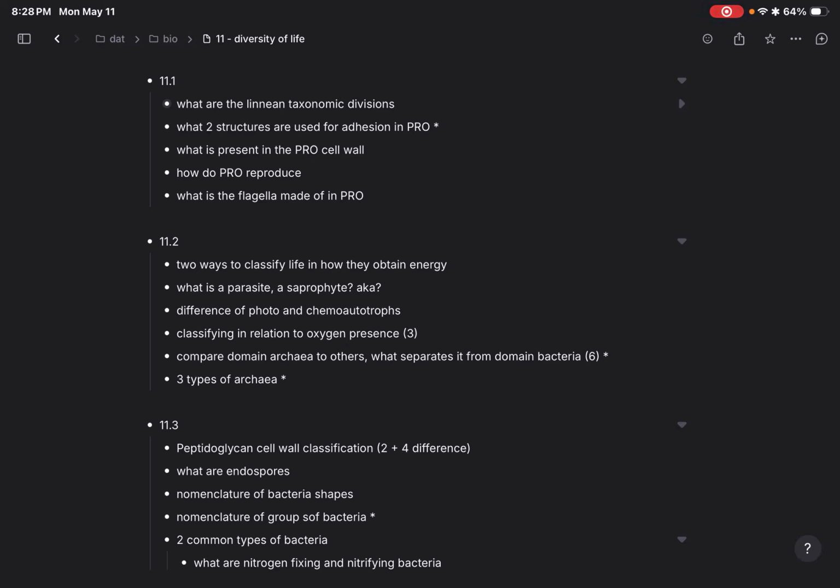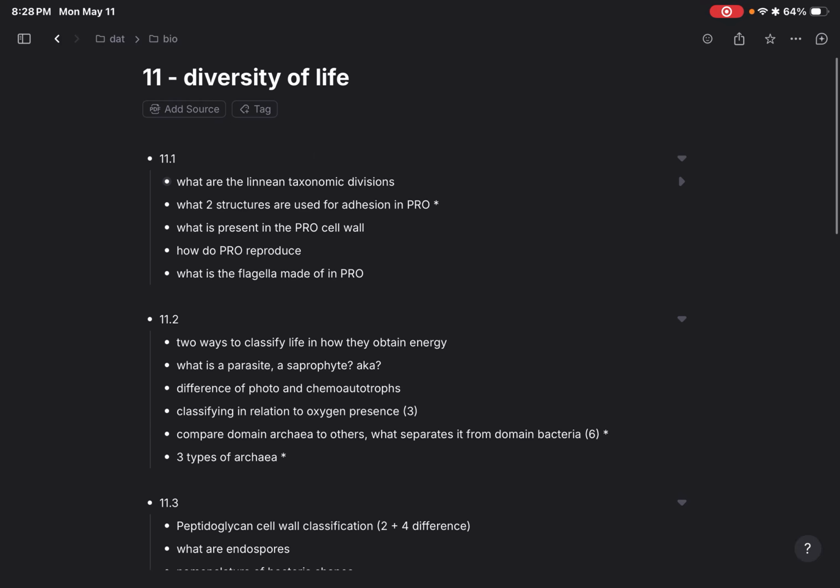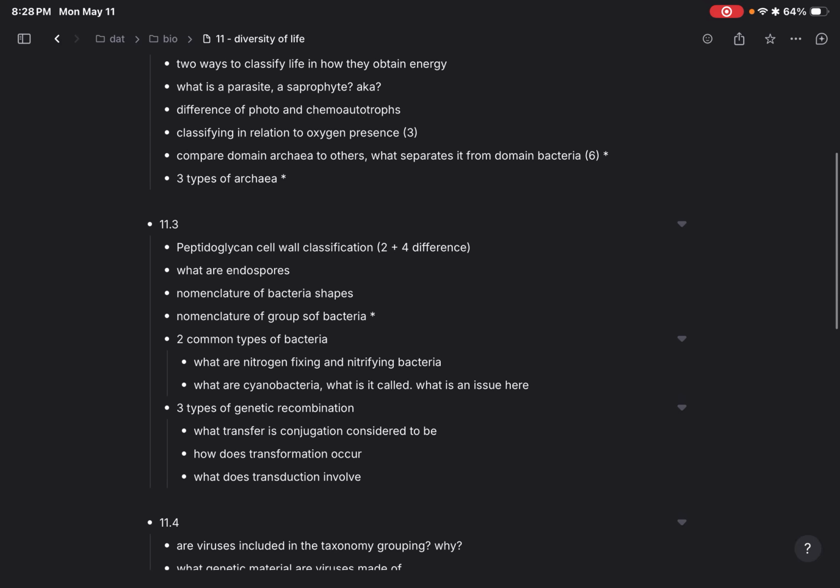Okay, let me talk about gram-positive and gram-negative again. Positive means you stain purple.